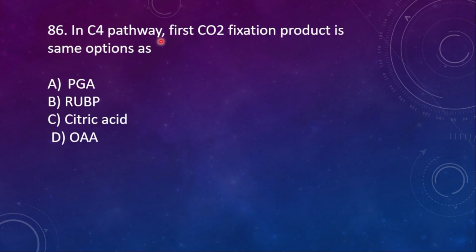In the C4 pathway, the first CO2 fixation product, with the same options: A, PGA, B, RuBP, C, citric acid, D, OAA. So here the first stable fixation product is OAA in C4, and in C3 it is PGA.